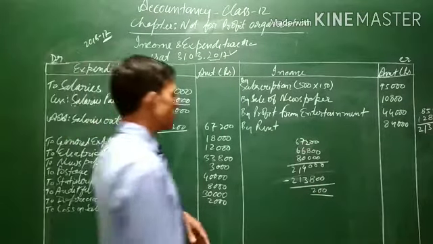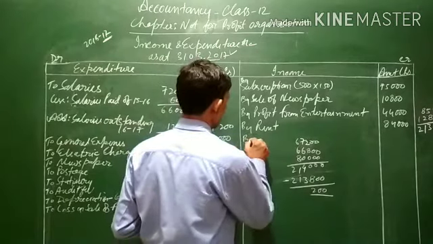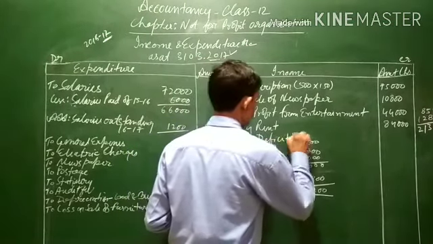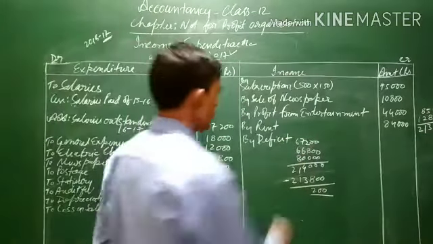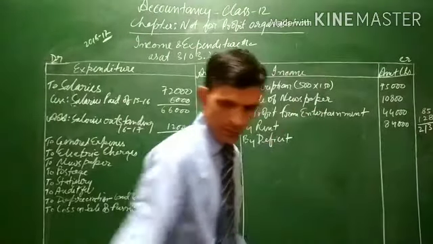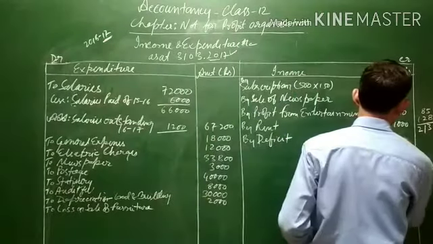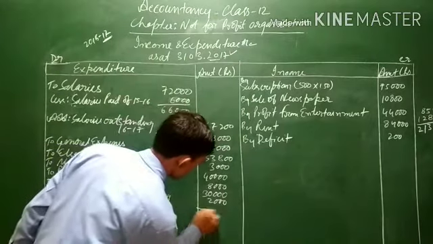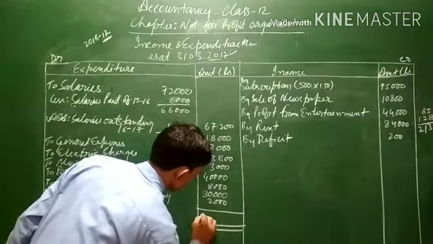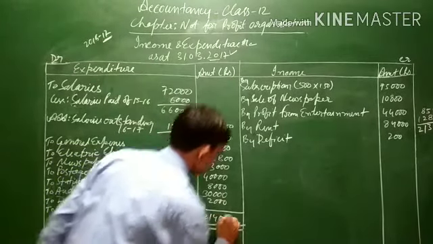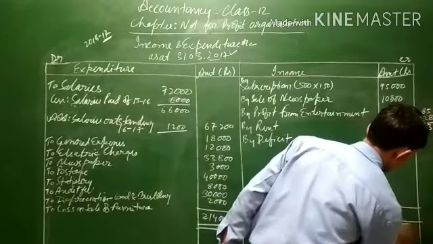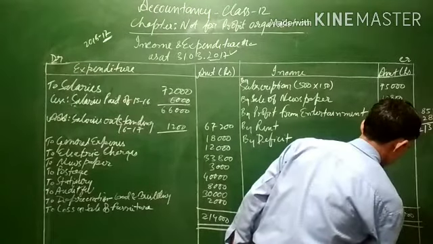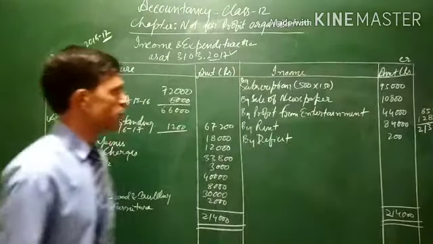It will be written on the credit side, that is by deficit, 200. The total is 2,14,000 on this side also. This is the income and expenditure account.